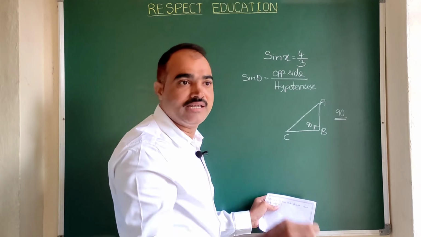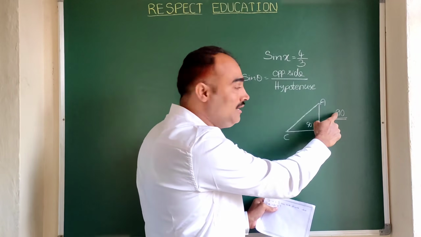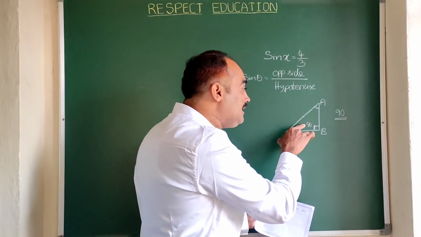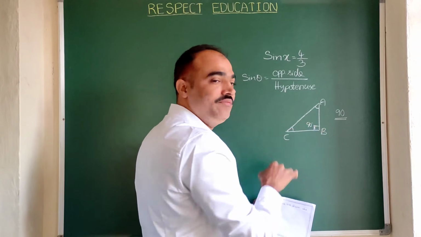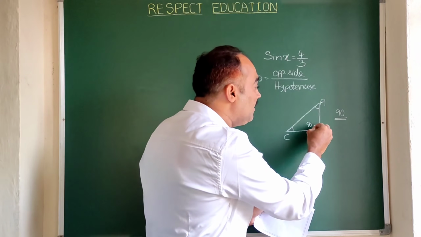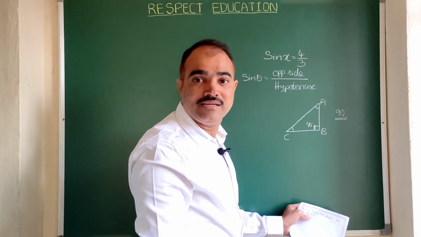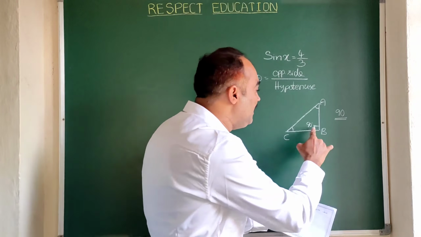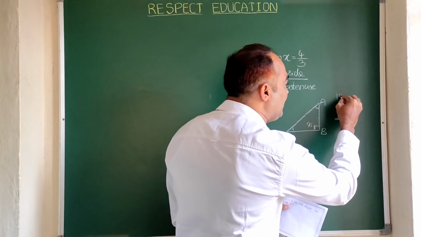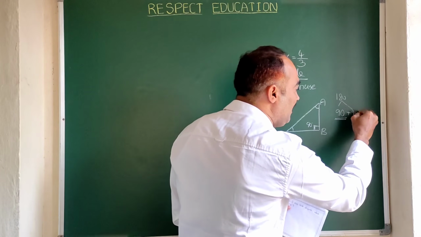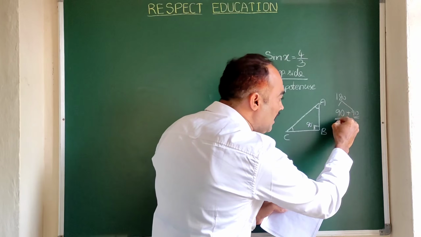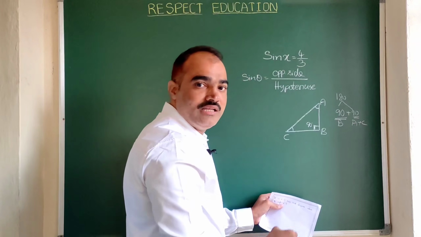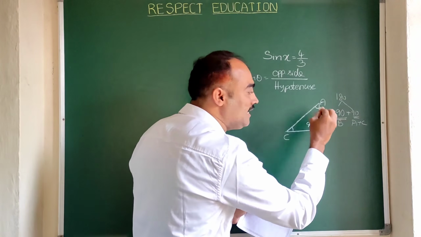That means 90 degrees will be shared by these two, whereas 90 degrees alone is taken by B. Now clearly you can tell me which angle is larger, angle A, angle B or angle C? Angle B. Angle B is larger because out of 180, 90 plus 90, this 90 is taken alone by B, whereas it is shared by A and C. That means clearly angle B is the larger.